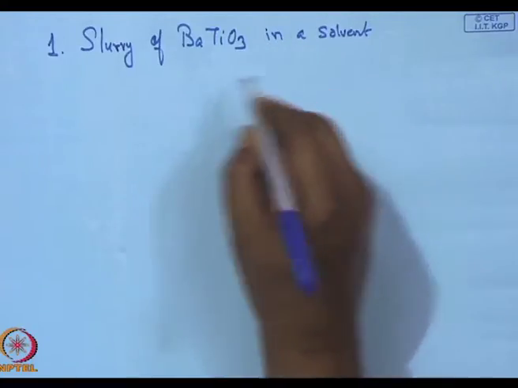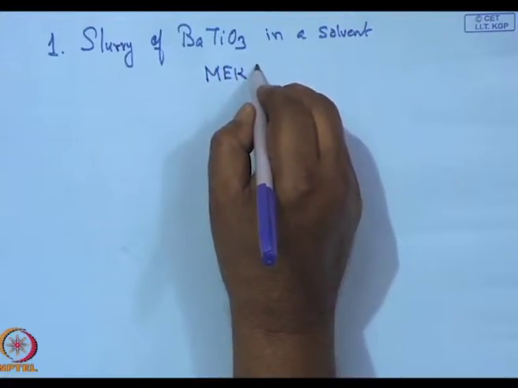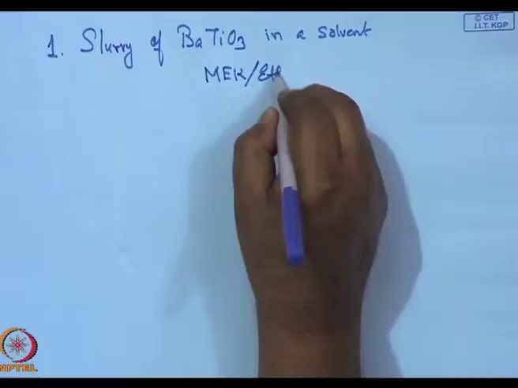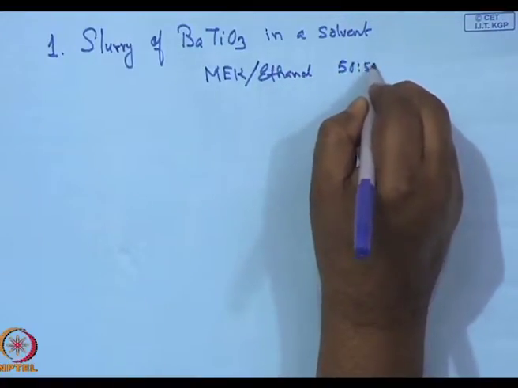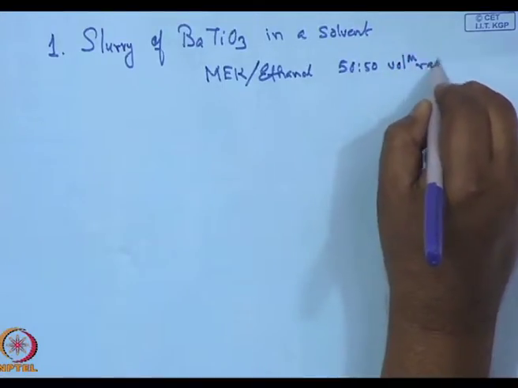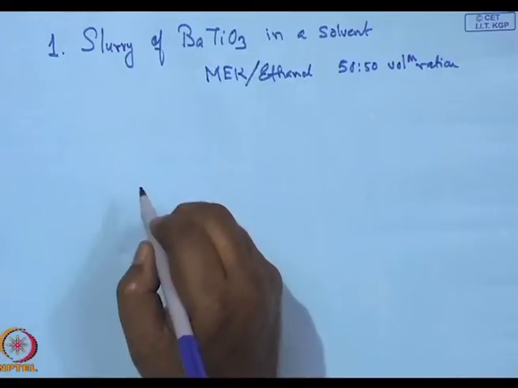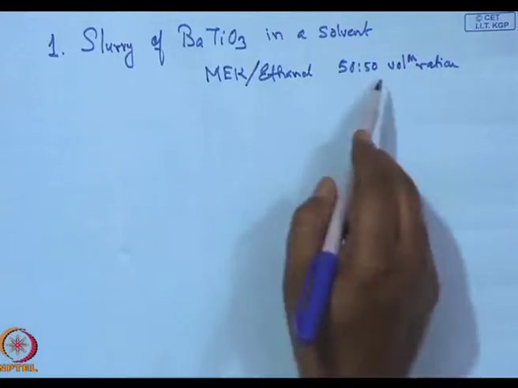The solvent here is MEK, methyl ethyl ketone, and ethanol, 50:50 volume ratio. This is the solvent.